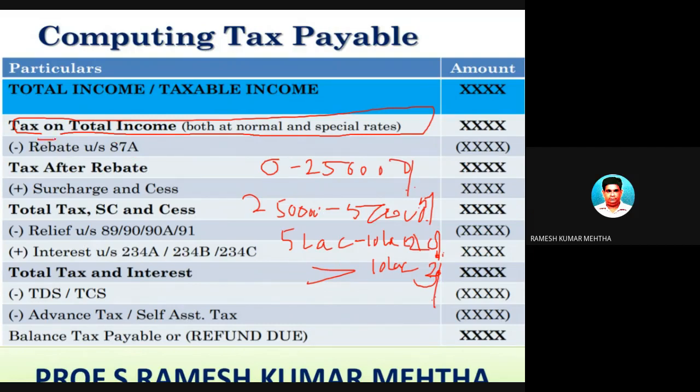Now we have to find out the tax both at normal and specific rates. For example, in case of long-term capital gains, the special rate is 20%. So that is what we are talking about. After you find out tax on total income, then you get a rebate on this tax under section 87A.